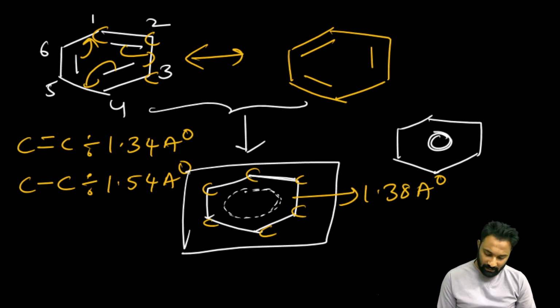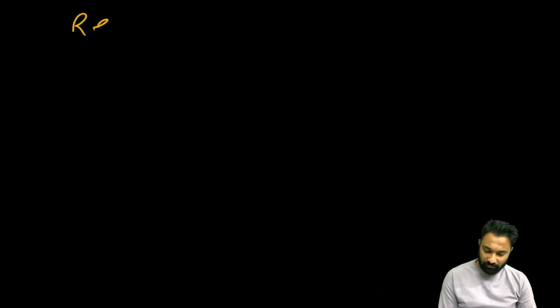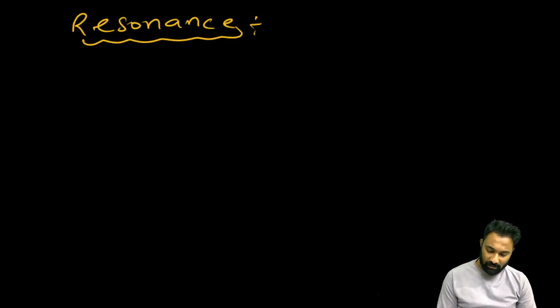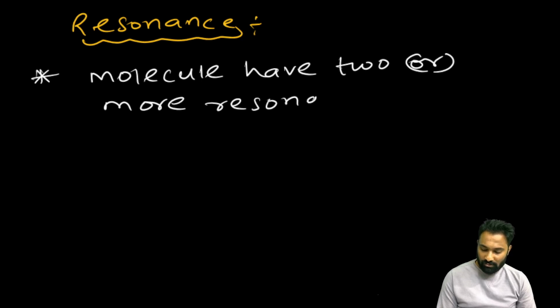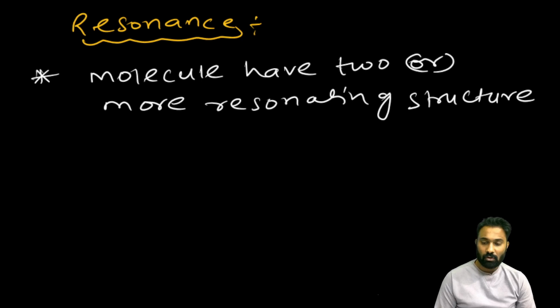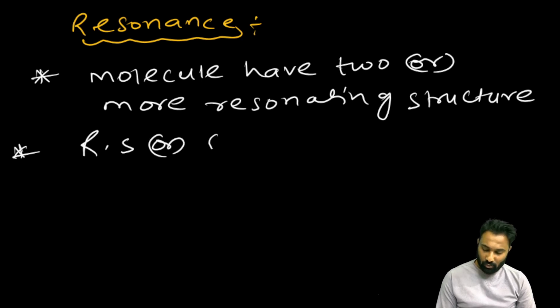By that, it is saying, now what is the meaning of resonance? Resonance is nothing but a molecule having two or more resonating structures, RS, resonating structures, also called canonical forms.